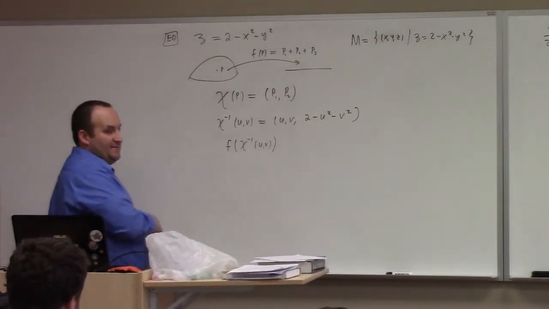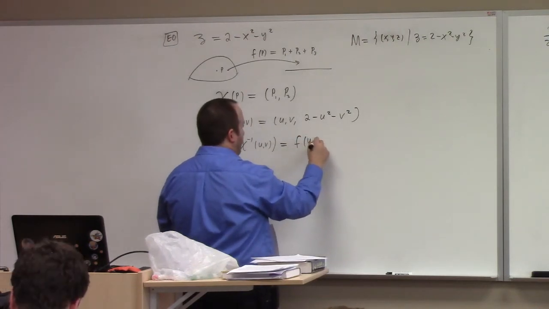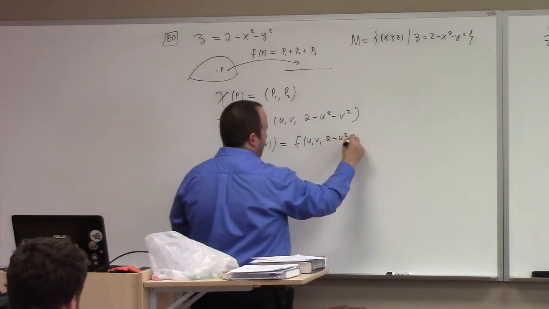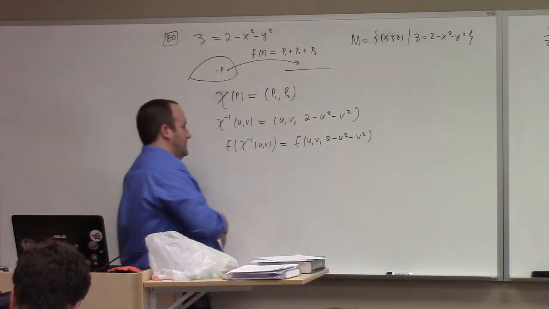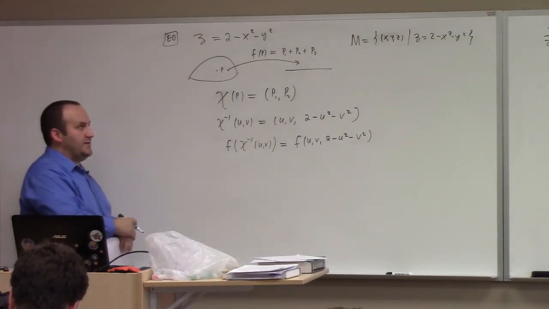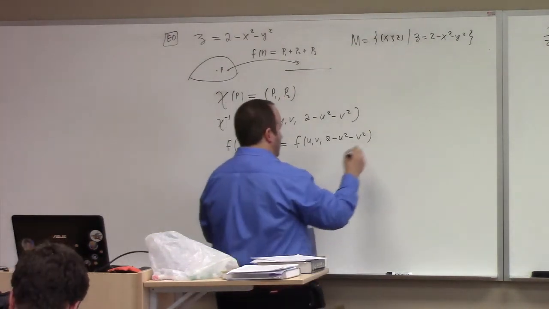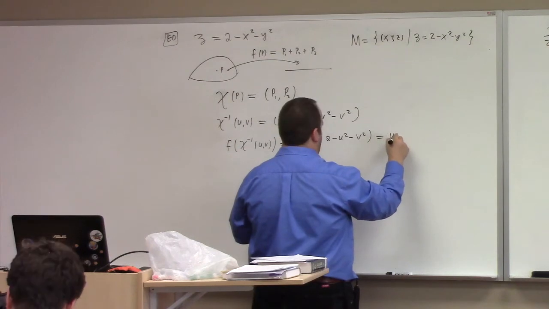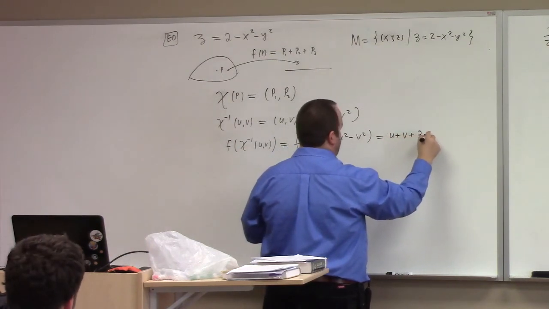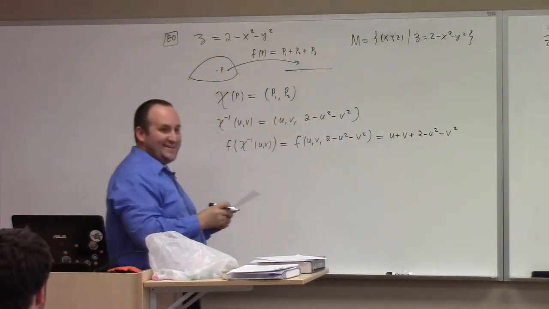So what is f of (u, v, 2 minus u squared minus v squared)? By definition, my function is p1 plus p2 plus p3, so this is equal to u plus v plus 2 minus u squared minus v squared.